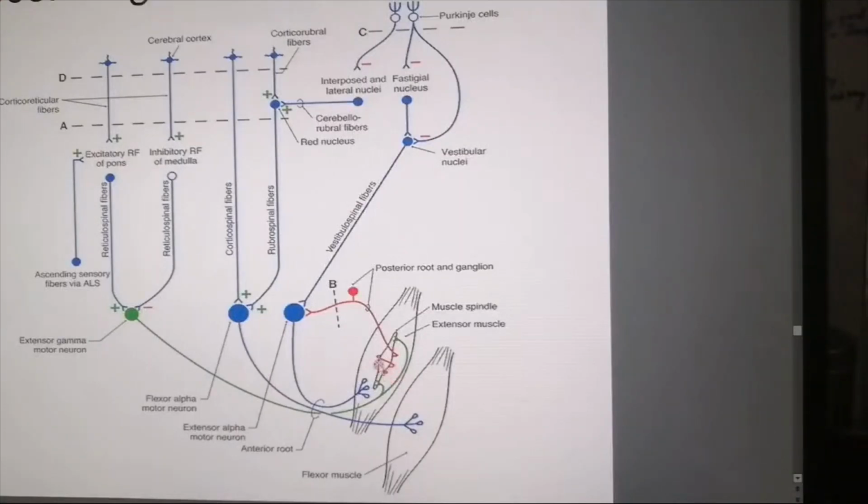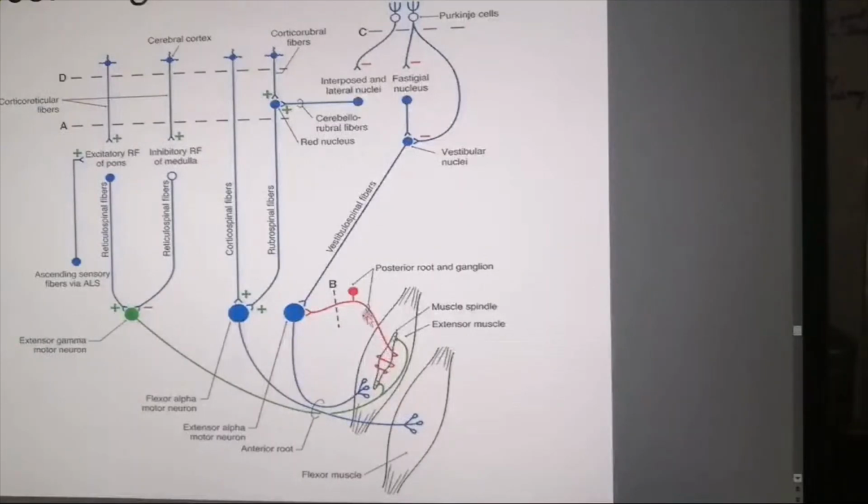From there, you see the red stuff. This is the sensory fiber emanating from the muscle spindle, going to the dorsal horn and synapsing with the alpha motor neuron. We are just completing the circuit diagram for the stretch reflex now.